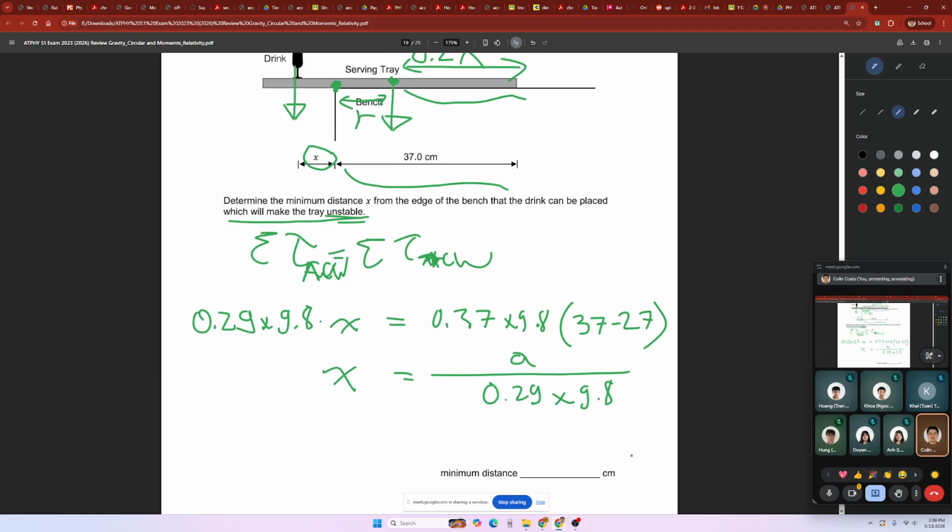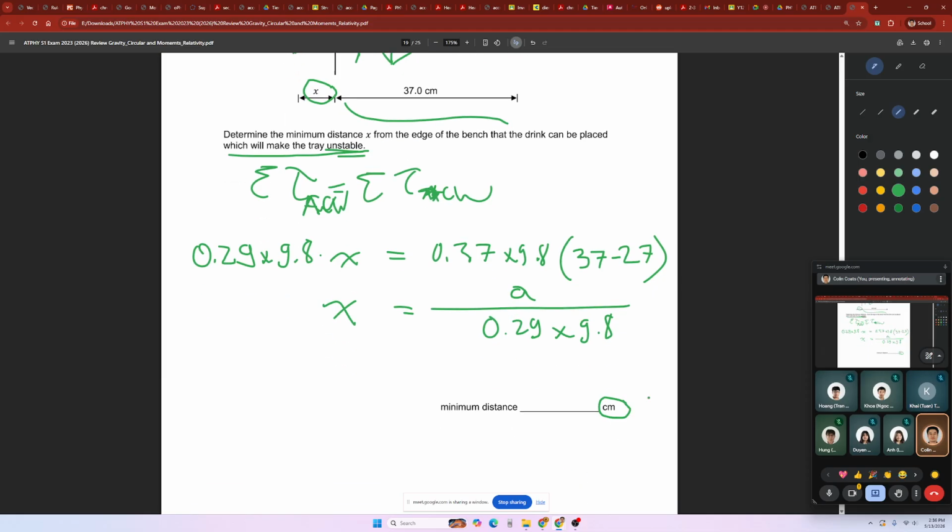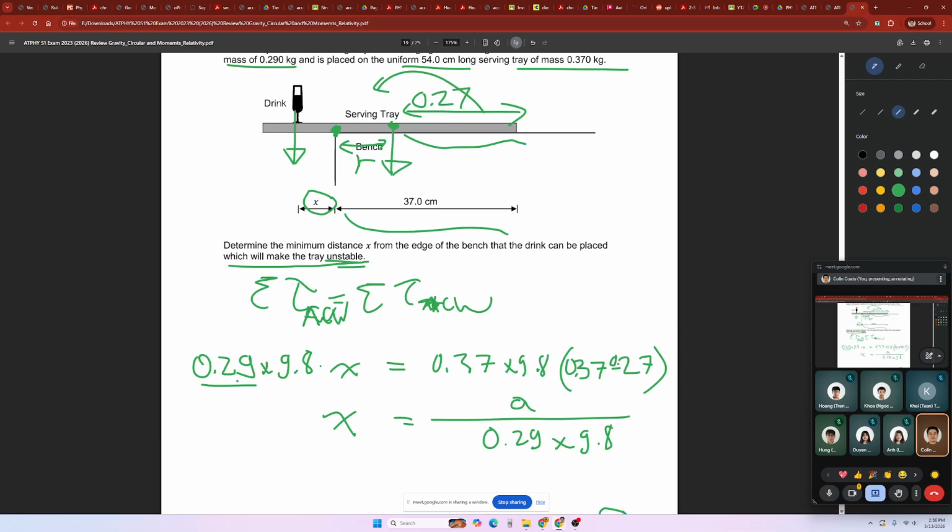And it says here the answer should be in centimeters. So, these distances have been inputted as meters. Just remember to convert it to centimeters. I should have put that in centimeters. I did, didn't I?